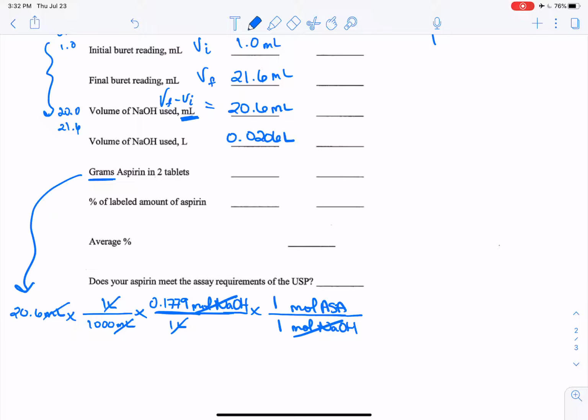So in our practice problem, we stopped and we looked at how many moles we had. But with this problem, we're not going to stop here. We're going to go all the way through to grams because this part of the lab is asking us for grams. So we're just going to keep going. So we need to get out of moles of acetylsalicylic acid and we need to get to grams.